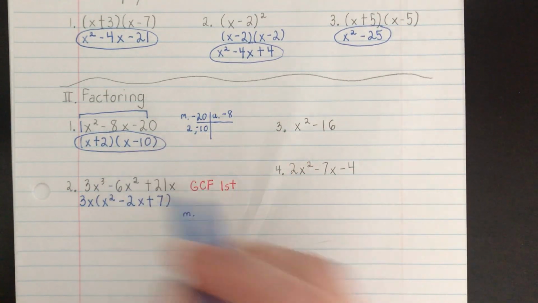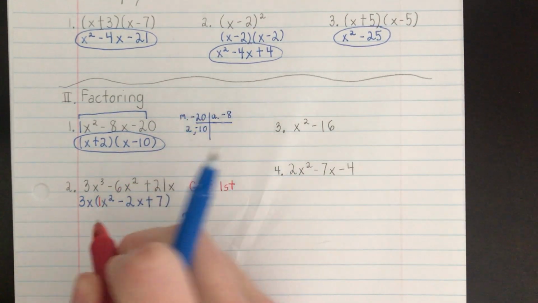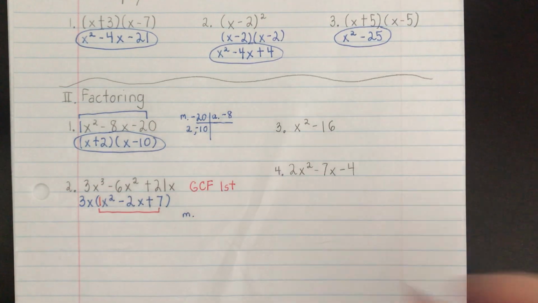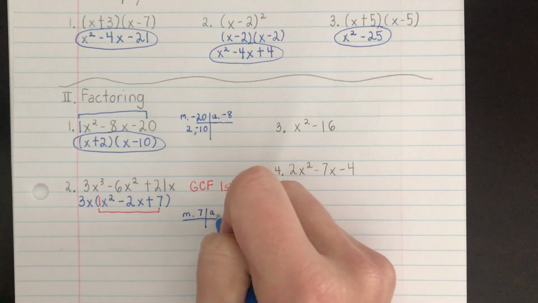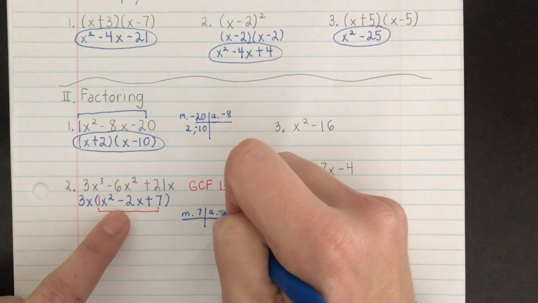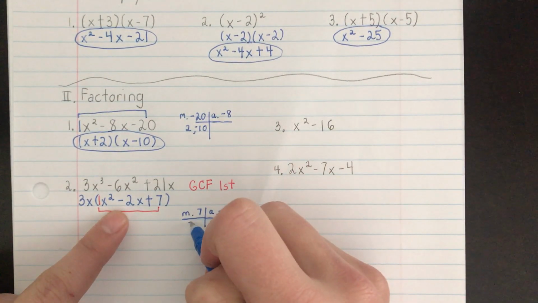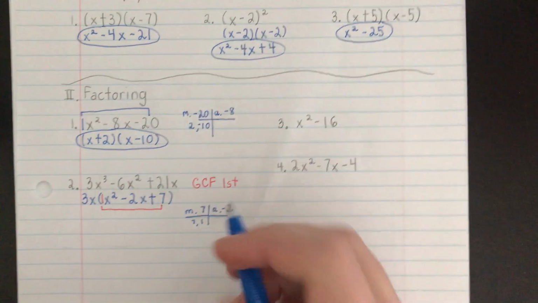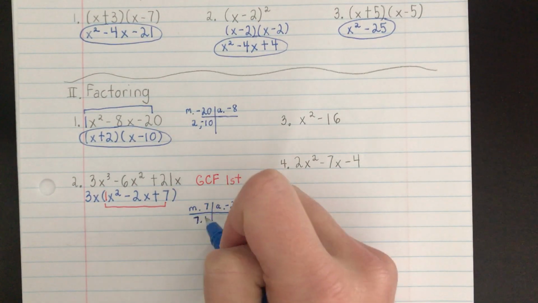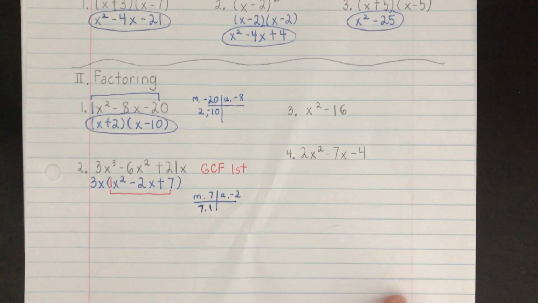Multiply to, let me draw this in red now, 1 times 7 is 7. So numbers that multiply to 7 but add to negative 2. So your factors of 7 are only 7 and 1 because 7 is prime. So is there any way, shape, or form that 7 and 1 could add to negative 2?